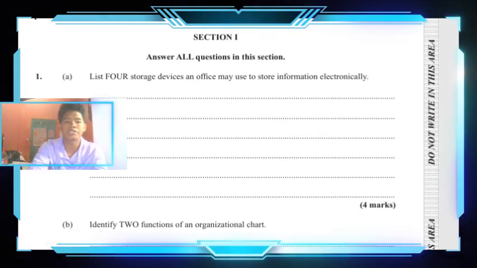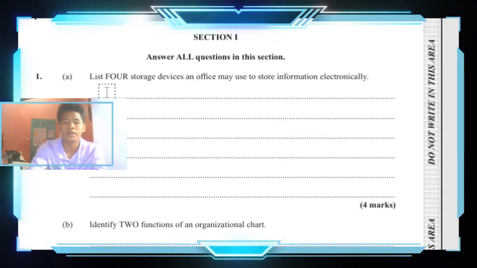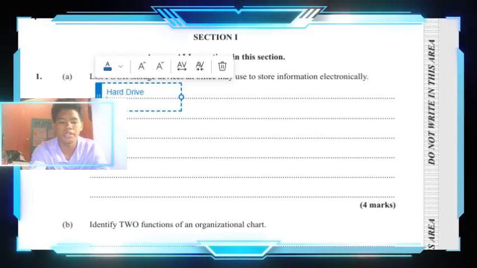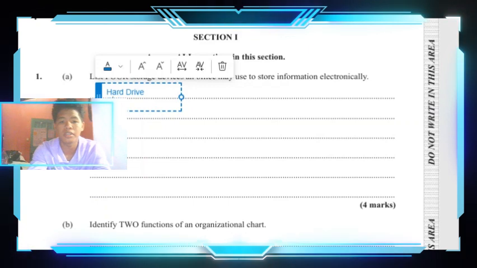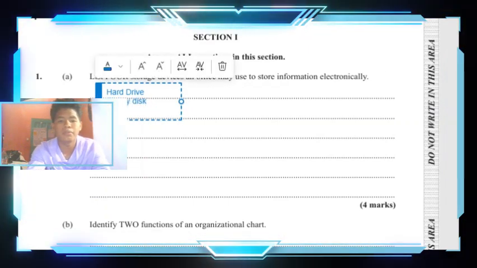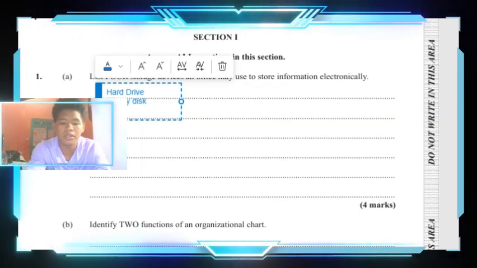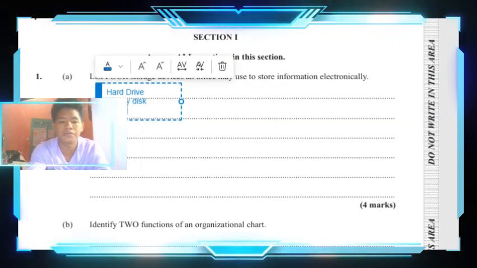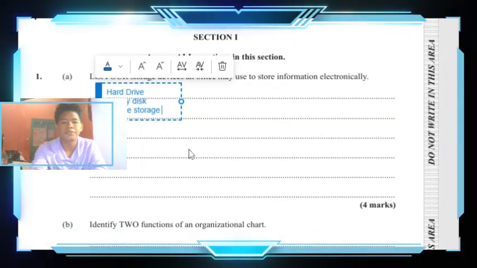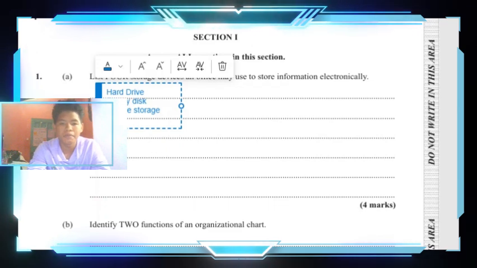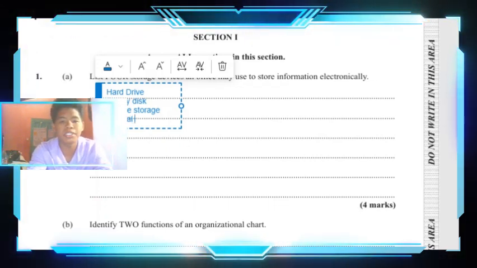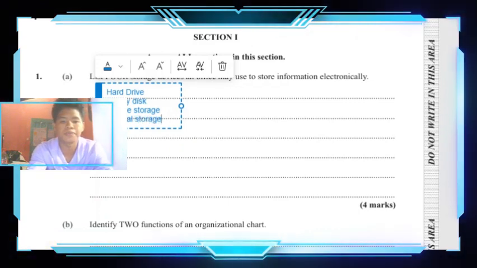So let me just put down these couple: hard drive, then we have floppy disk, and then we have cloud storage. And another thing that we usually miss is the internal storage.